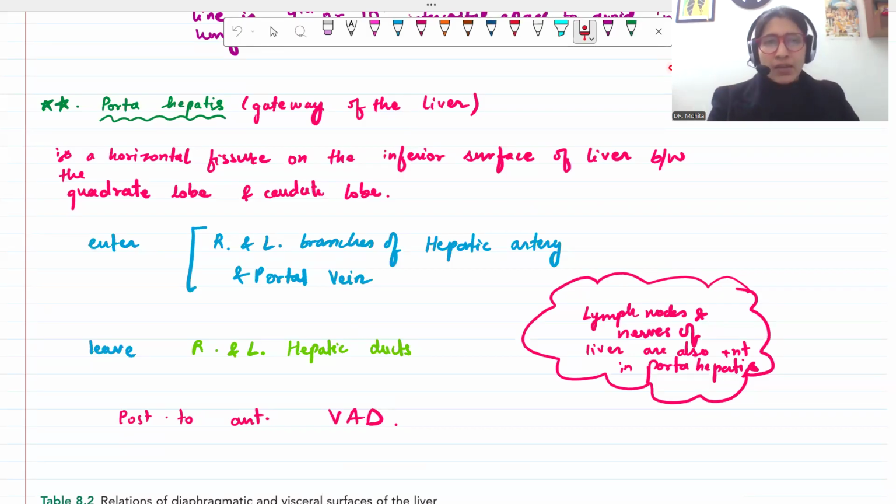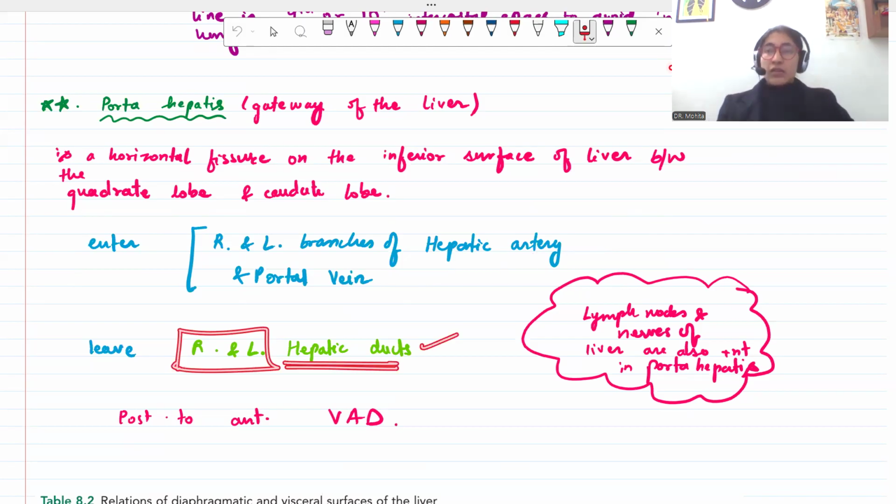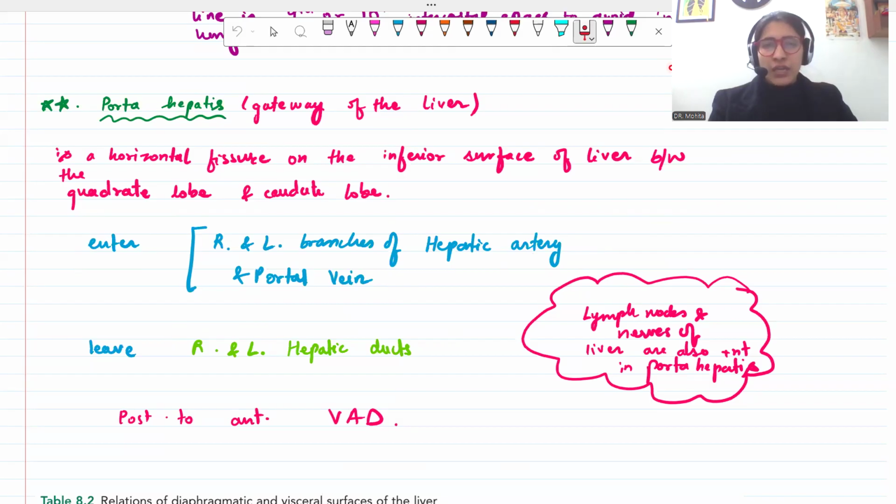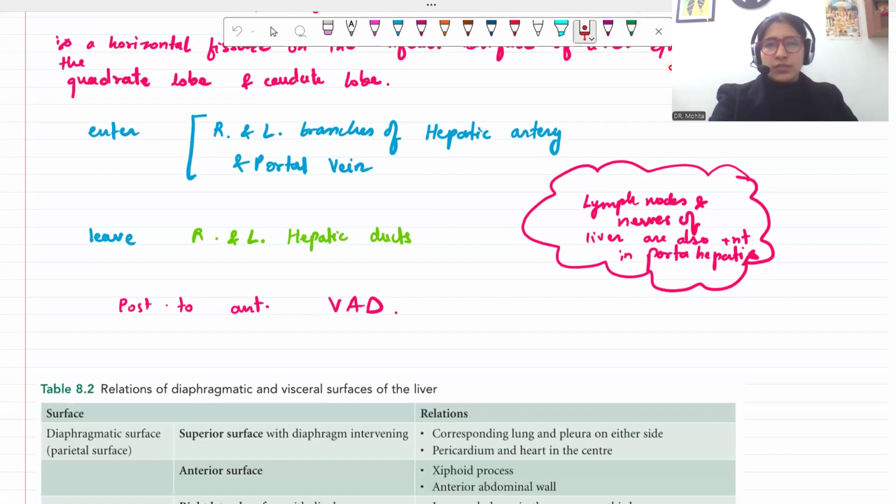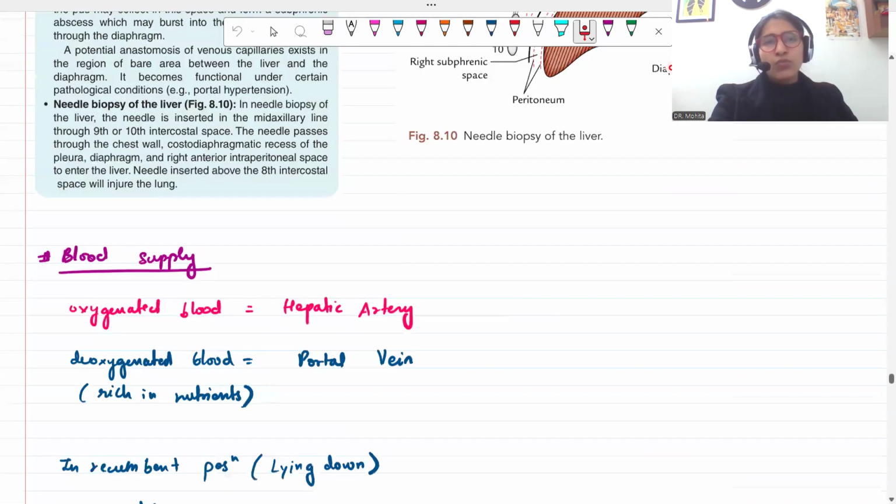In the porta hepatis, the right and left branches of the hepatic artery are entering. The right and left branches of the portal vein are also entering, but the right and left hepatic ducts are leaving the liver. Got it? And the arrangement of vein, artery, and duct from posterior to anterior is: posteriorly we have the vein, then the artery, and then the duct. Fine? Can we move forward?